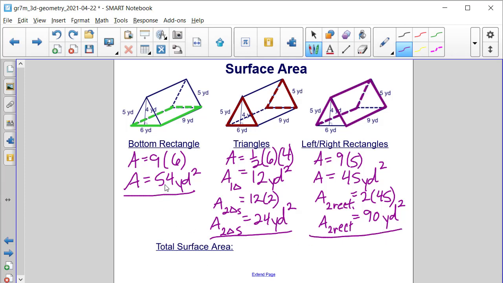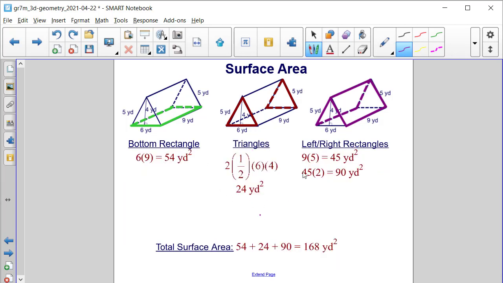And then the total surface area will be the sum of these 3 values. So we have 54 plus 24 plus 90. So we'll have 78 plus 90, which is 168 square yards for the total surface area.